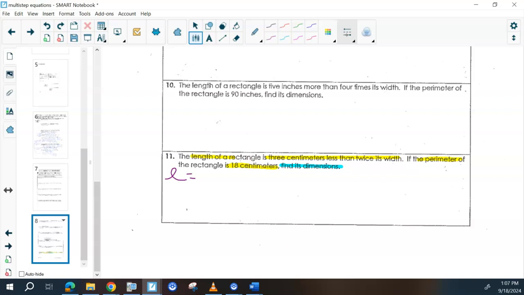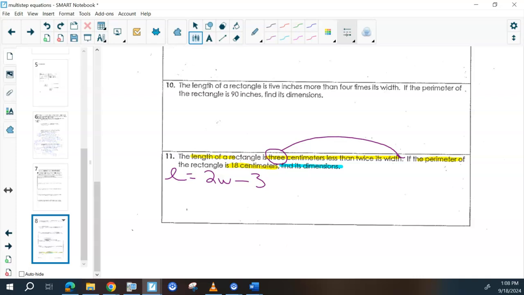The twice means we're multiplying the 2 and the w together. But the less than, not your inequality symbol but subtraction, means that this number is going to go behind the 2w. So we're going to subtract it. So that would be one of our equations.